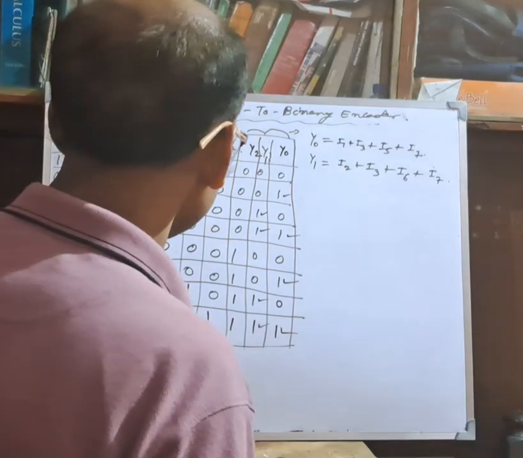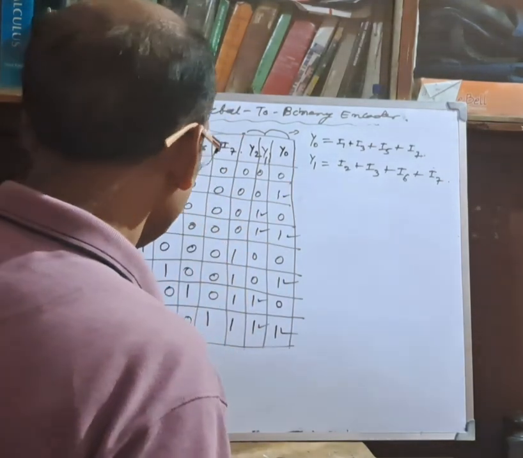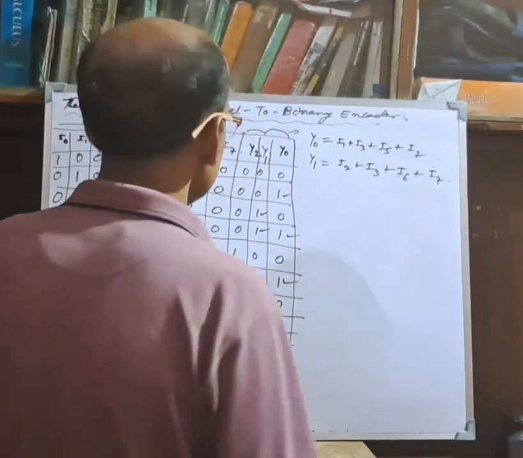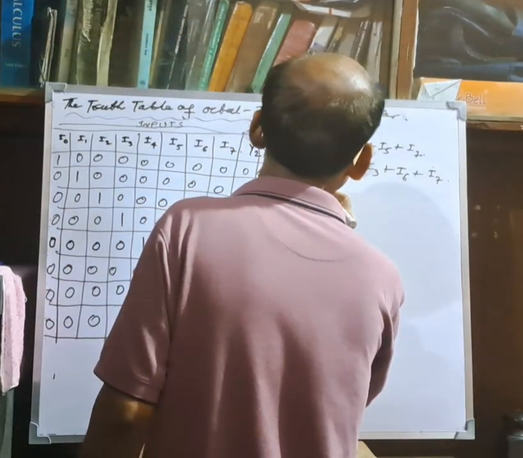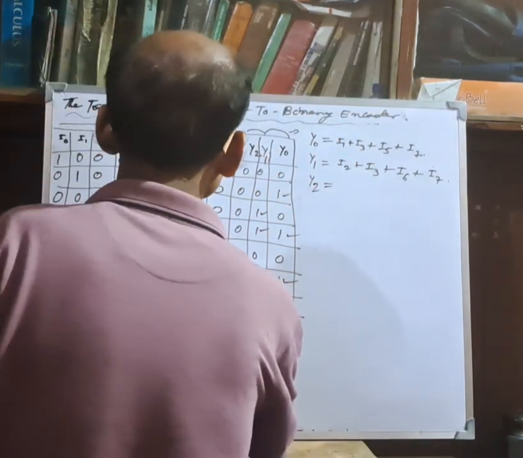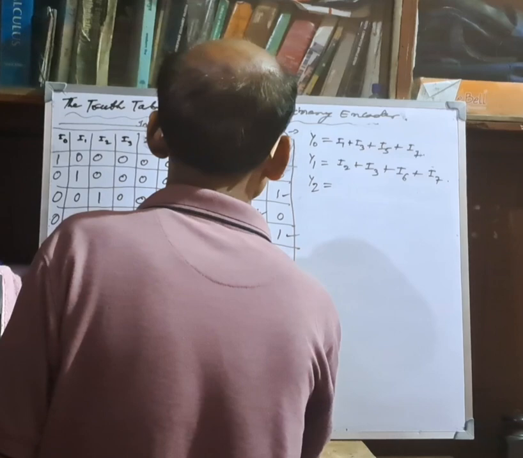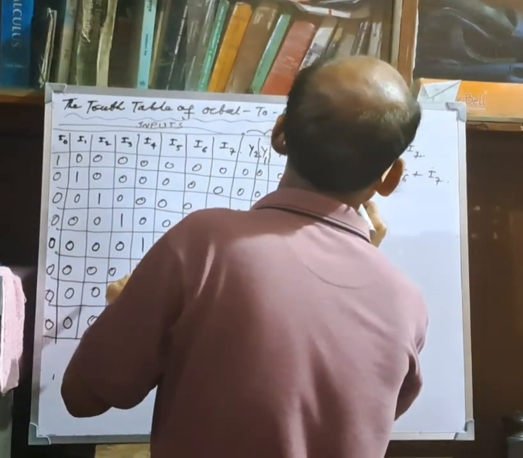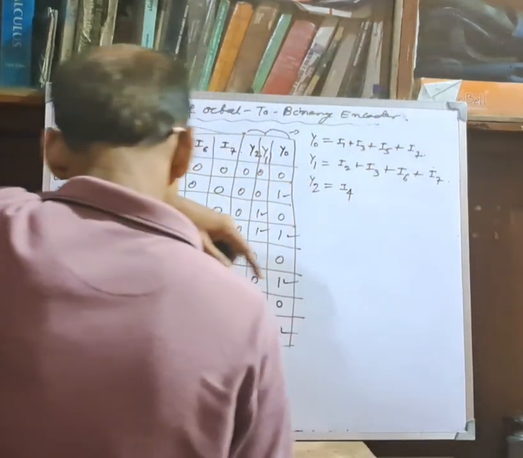Clear? Now you see Y0, Y1 I have done, then Y2 you have to see here. What will be here? Y2 will be this one, this is I4. Fine.